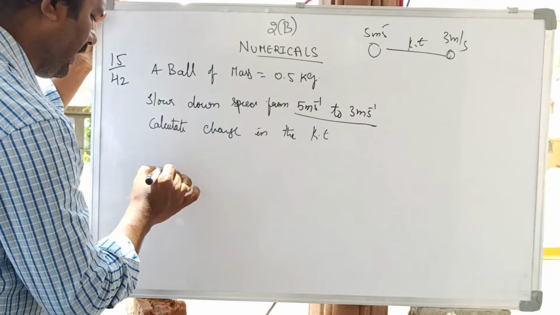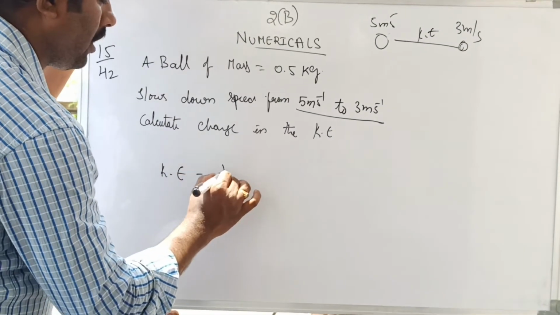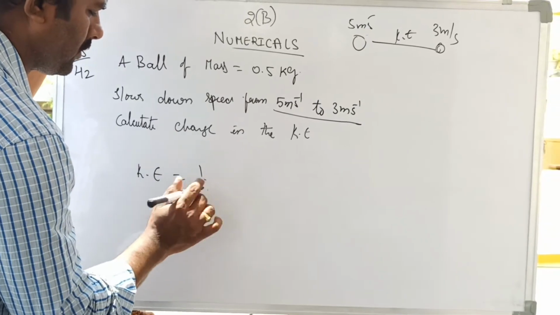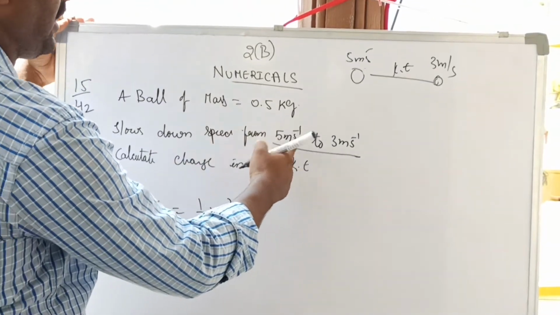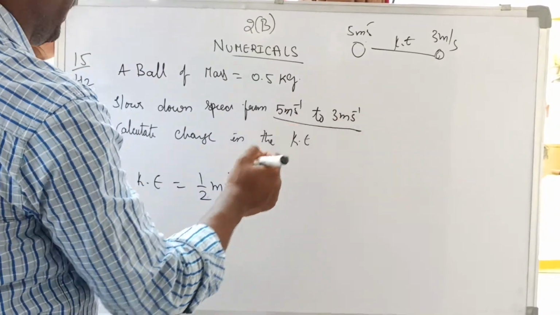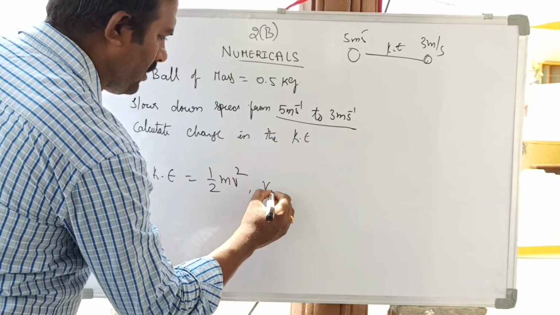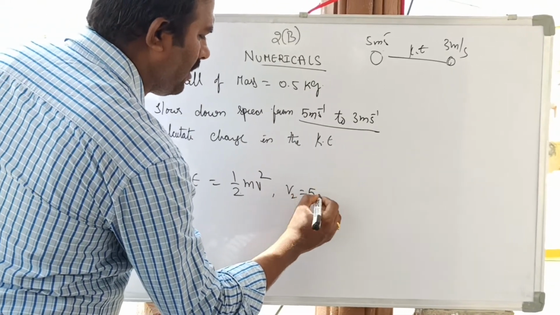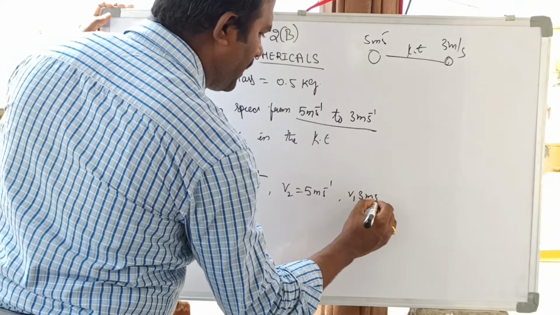Kinetic energy is equal to half mv square. Initially we have 5 meters per second and next it is 3 meters per second. We can take v1, v2, so v2 is equal to 5 meters per second and v1 is equal to 3 meters per second.